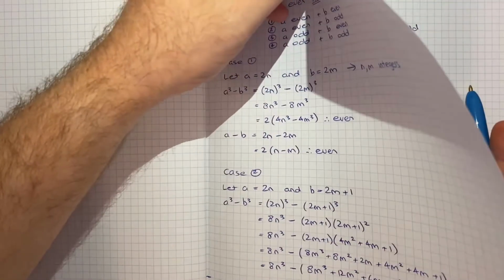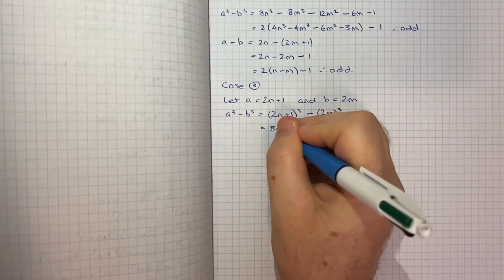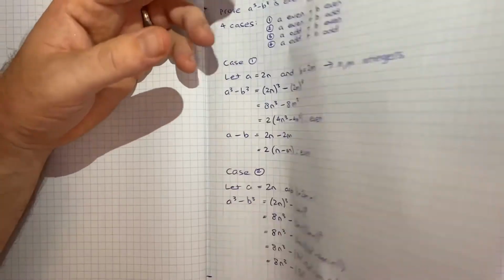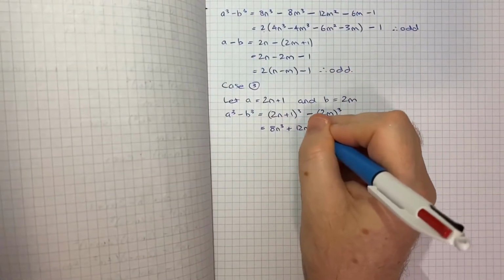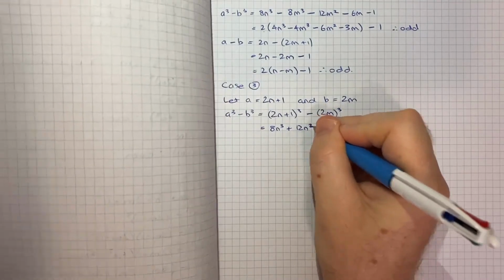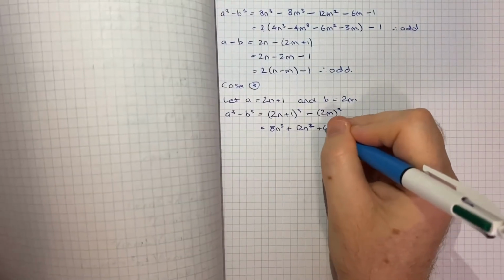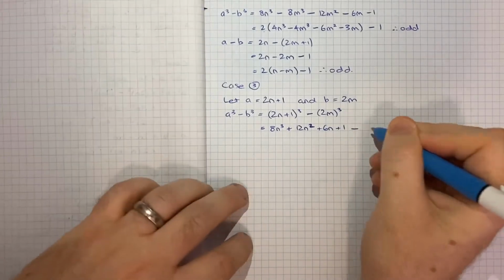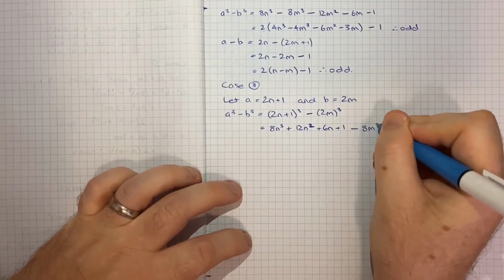So we'll get 8n cubed plus 12n squared plus 6n plus 1 minus 8m cubed.